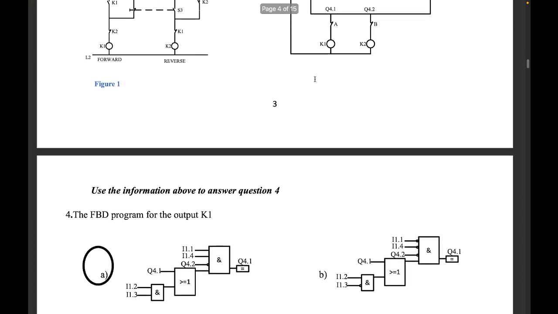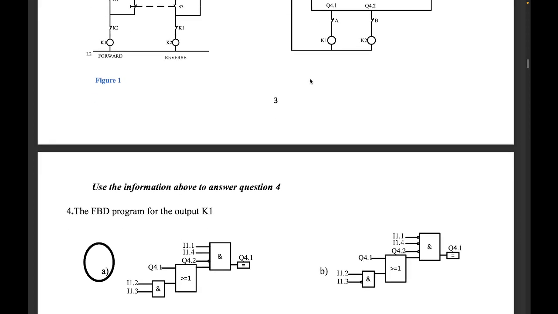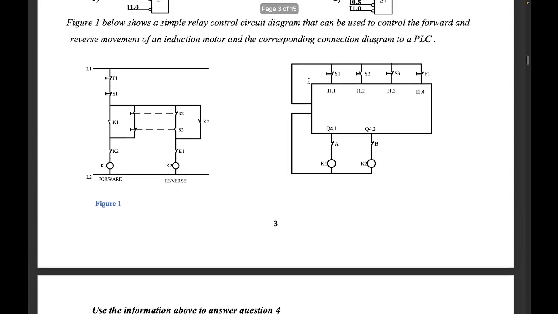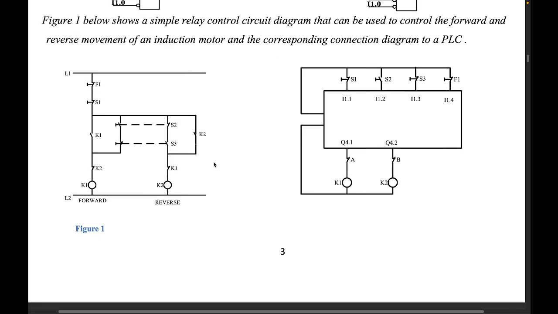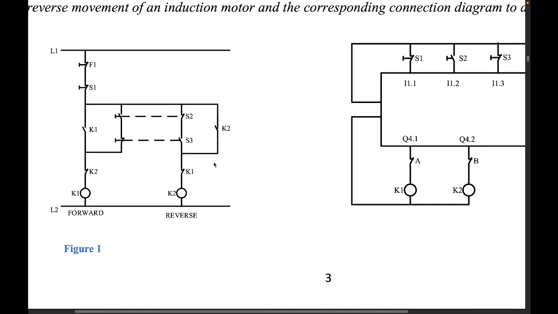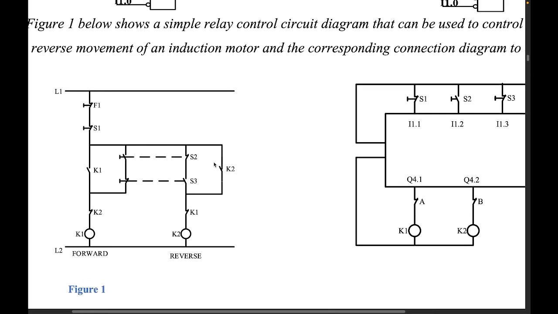The question says to find the functional block diagram for the output K1. So if you check here, let me increase the size. The output K1 is the motor moving forward, and the output K2 is the motor moving reverse.